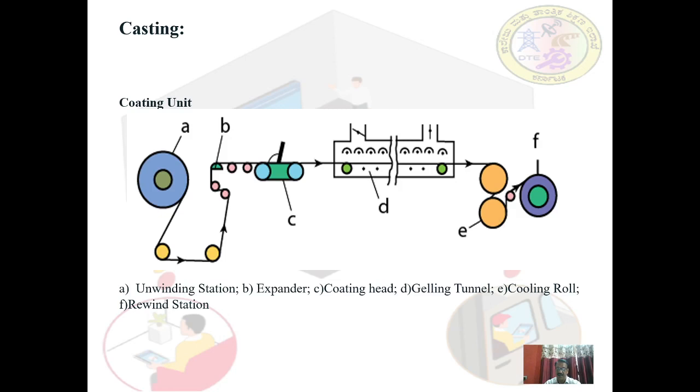Hot air or infrared dryers supply the heat required for gelation of the paste. However, circulating air heating in combination with an infrared heater is used in some cases.